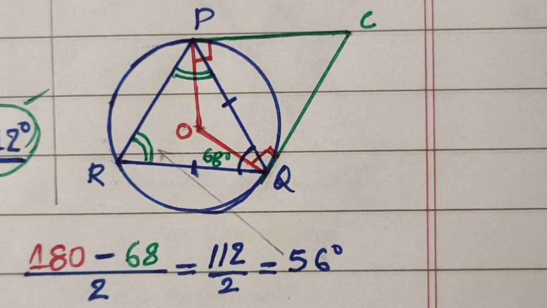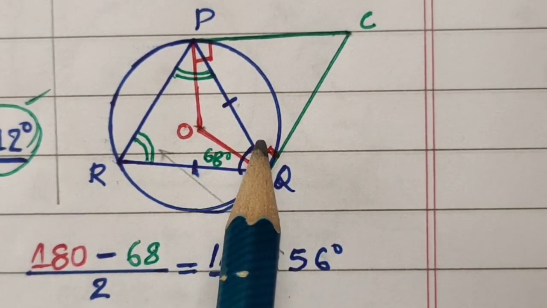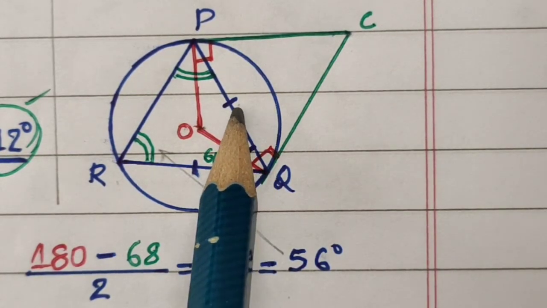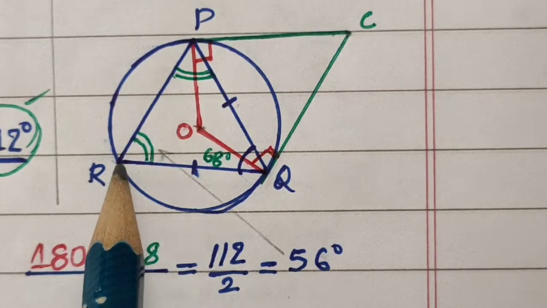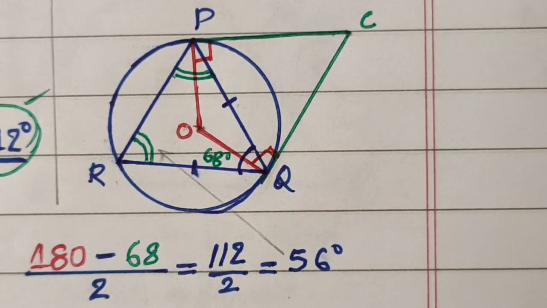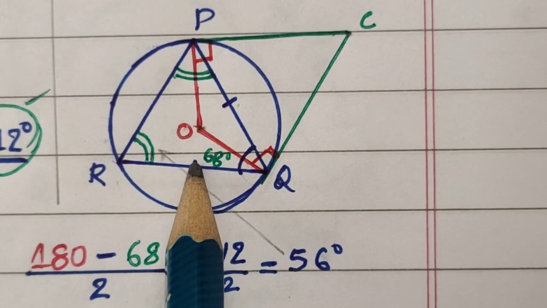I am rewriting the picture they have given. They are telling us this side is equal to this side, and this angle is 68 degrees. We know that when two sides of a triangle are equal, we call it an isosceles triangle. In this isosceles triangle, the angles opposite to the equal sides are equal, because this side is equal to this side.